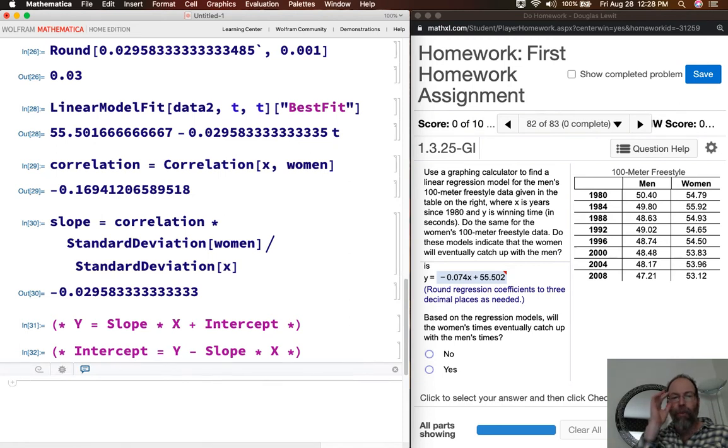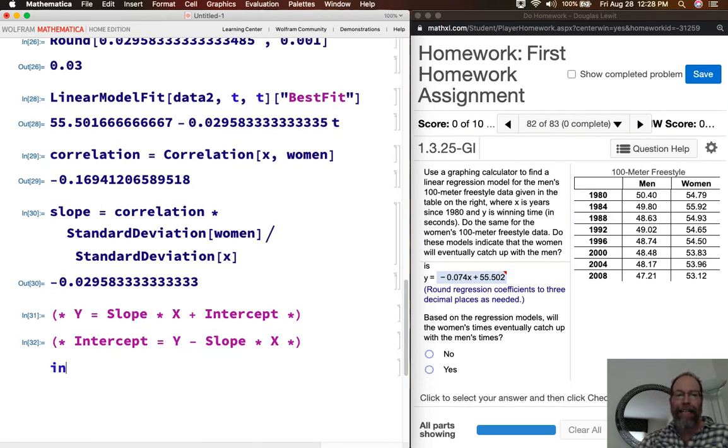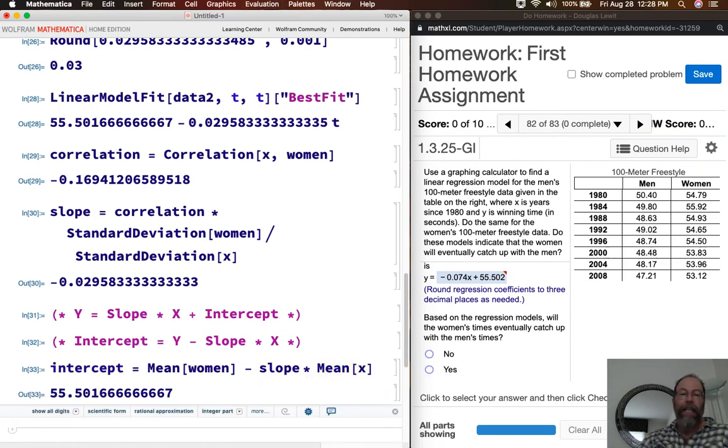So my intercept should be equal to the mean of the women minus the slope times the mean of x. Yeah, so actually I'm going to stand by my answer here, guys. I believe that my answer is correct.